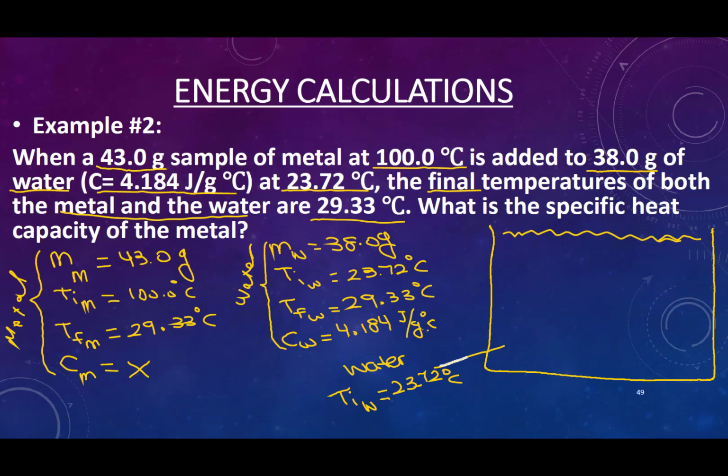Let's make it a little bit smaller, the arrow. Okay, this is water. Okay, now we dropped a piece of metal. That's the metal in the water. Okay, this is the metal, and its initial temperature is given to be 100 degrees Celsius.